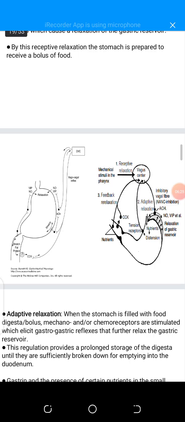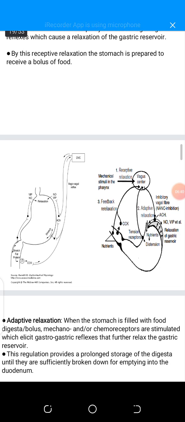mechanical stimulation of the mechanoreceptors in the mouth and in the pharynx during chewing and swallowing initiates an impulse that is transmitted, or travels, through the afferent nerves of the vagus nerve to reach the vagus center.